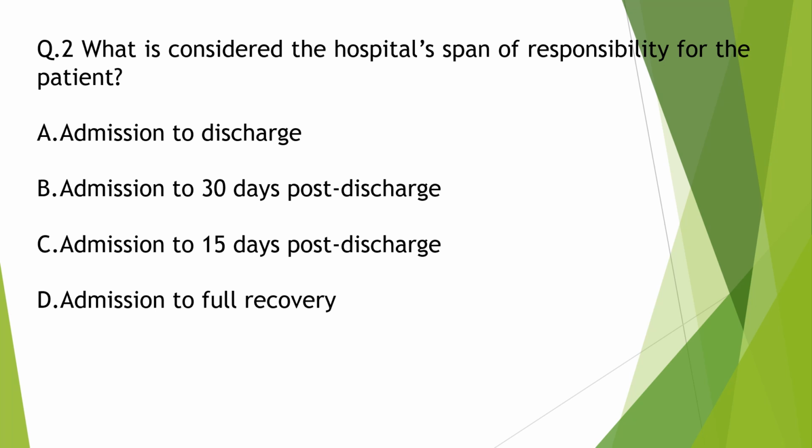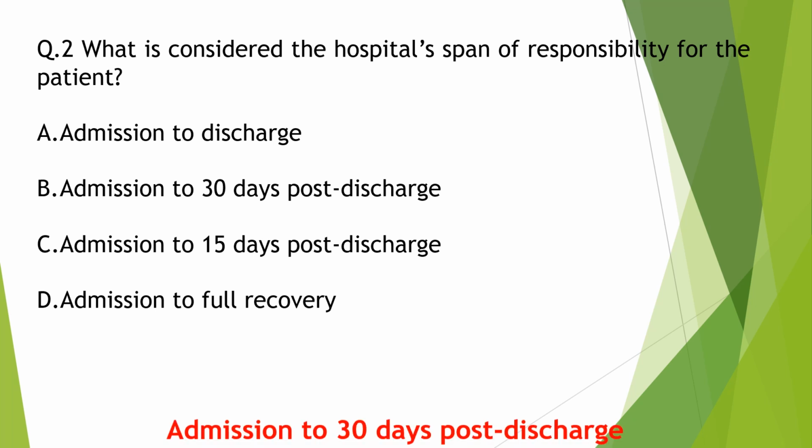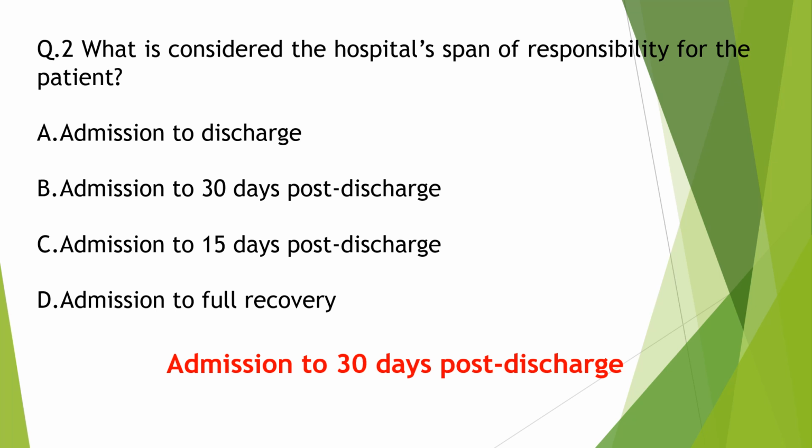That means till what period the patient should be free from any readmissions to the same hospital with the same condition or its complication. The answer is admission to 30 days post-discharge.